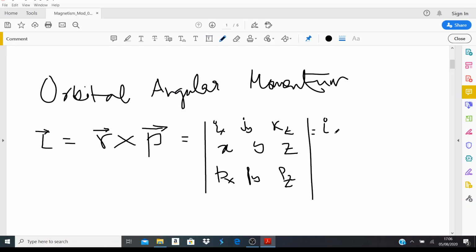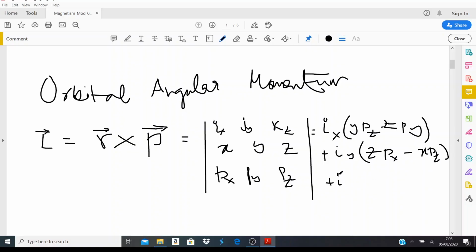So the x component of the angular momentum is now ypz minus zpy. The y component of the angular momentum can be written as zpx minus xpz, right?